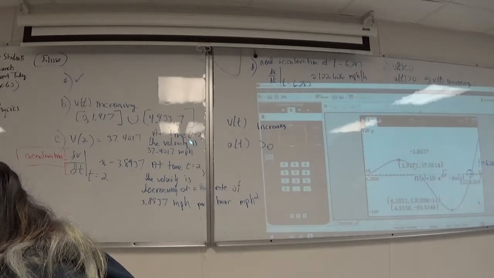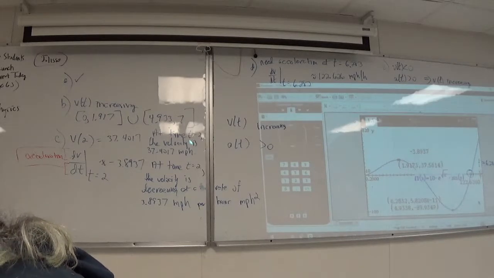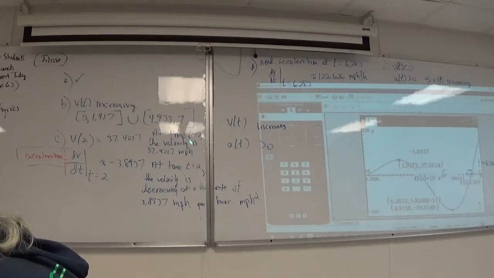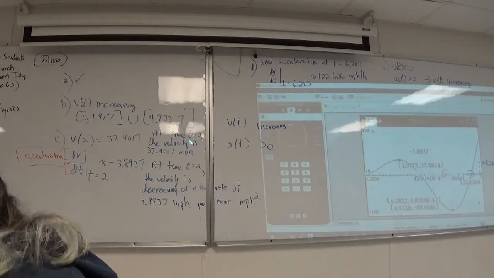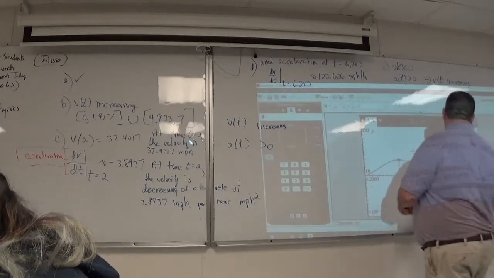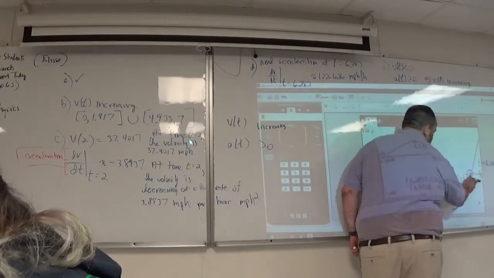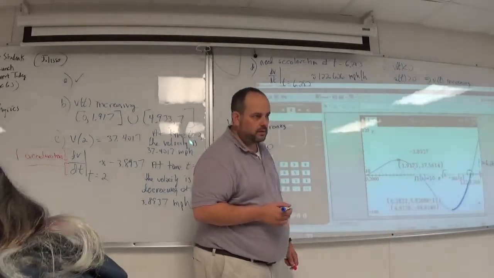So 0.449338 is below, so that's when you know it's negative. And since you know it's going up with positive acceleration, velocity is negative and increasing. We should be looking at that part of the graph.